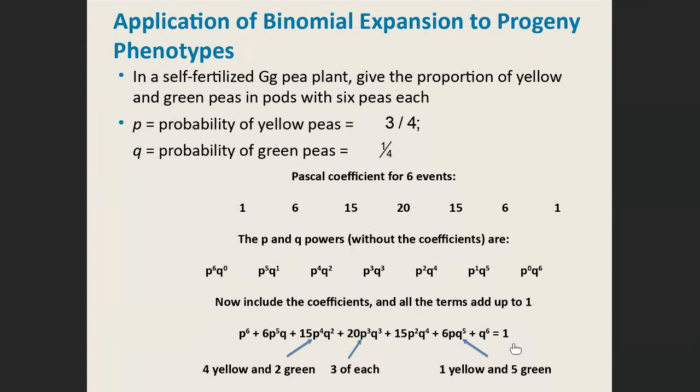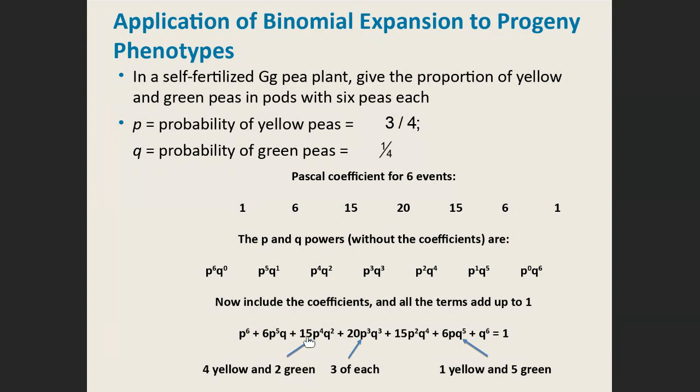And here you have all your events with all the probabilities listed for you. For example, this 15 P4Q2 is the probability of 4 yellow and 2 green seeds in the pod.